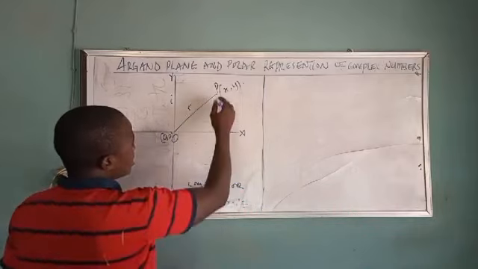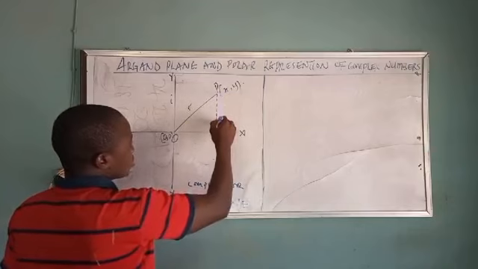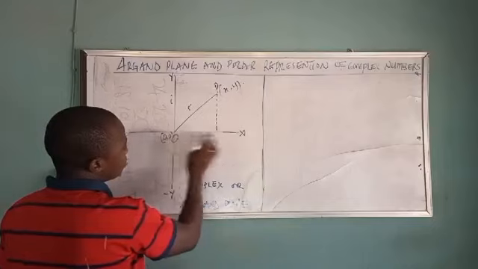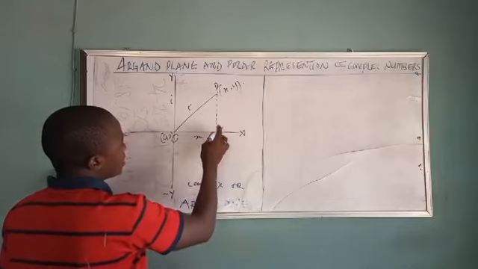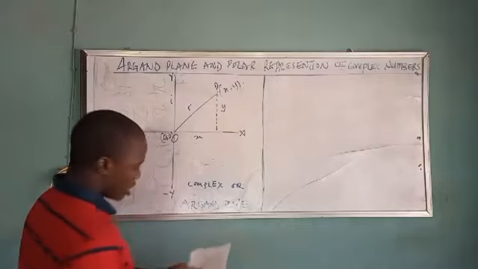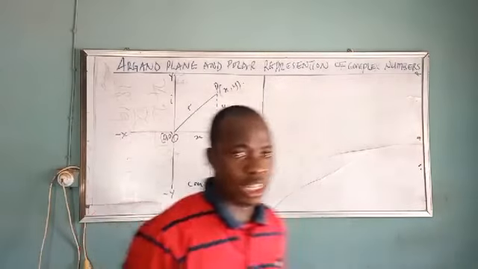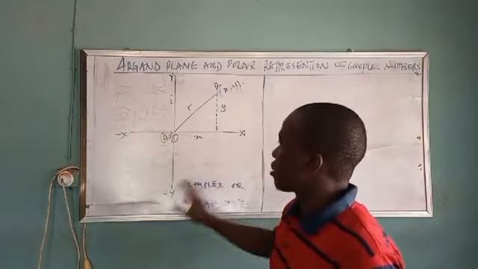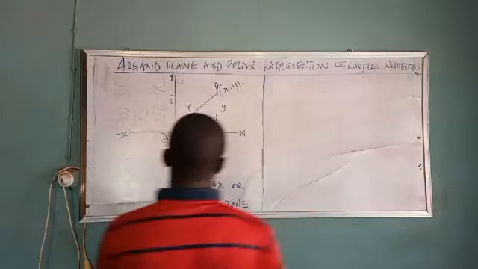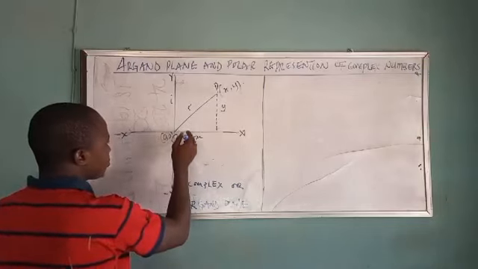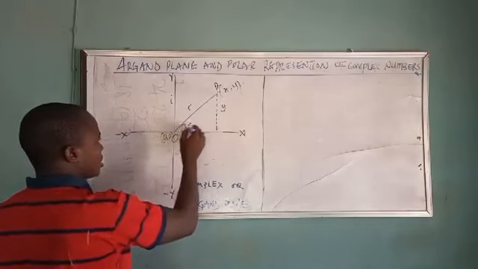Now, if you extend this from here, from here to here this is x, and from here to here this is y. Are you getting it now? From here we can get the formula for our modulus, R. Don't forget that from this center we have an angle, theta.